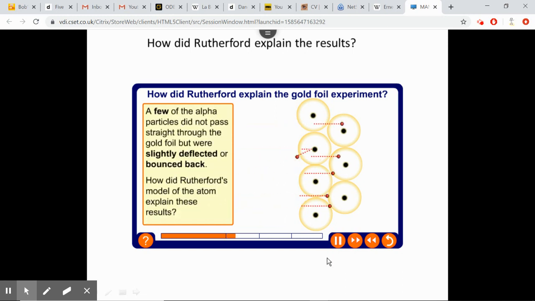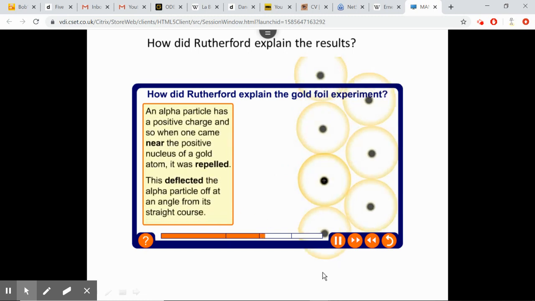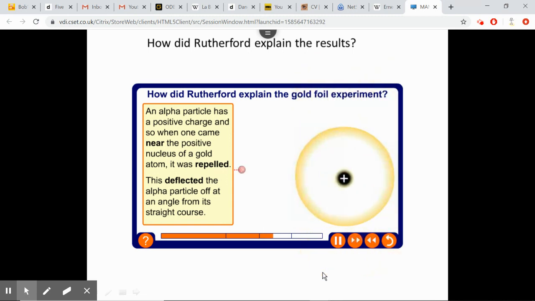A few of the particles did not pass through the gold foil, but were slightly deflected or even bounced back. How did Rutherford's model of the atom explain these results? Well, an alpha particle has a positive charge, so when one came near the positive nucleus of a gold atom, it was repelled because the like charges of the nucleus and the alpha particle repel each other.